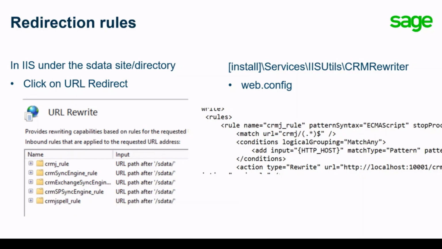However, there will always only be one SData site. And that one SData site is referencing this IIS utils CRM rewriter web.config file. If you look in that web.config file, you'll see that to the bottom there, it says localhost, and then it's got a port number, 10,001. That is the port number that we checked previously, so we know our URL redirector is working correctly.